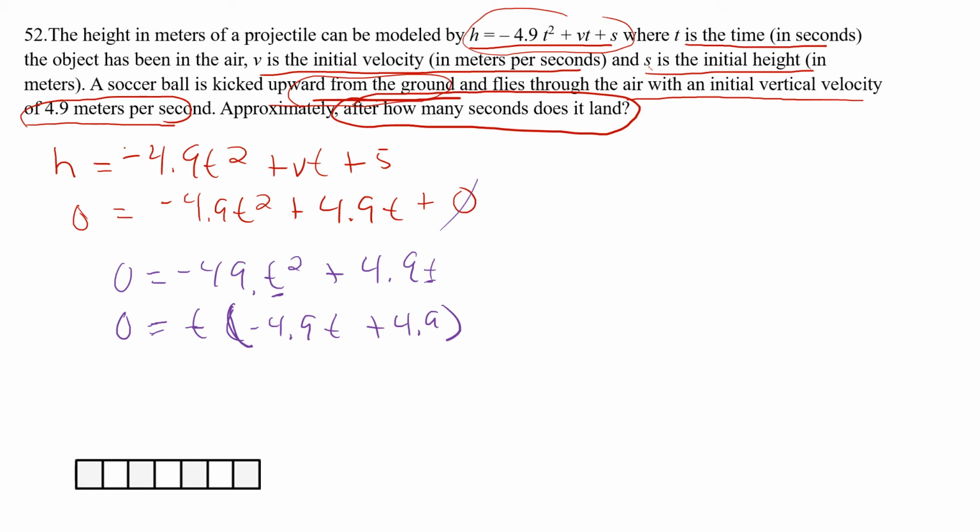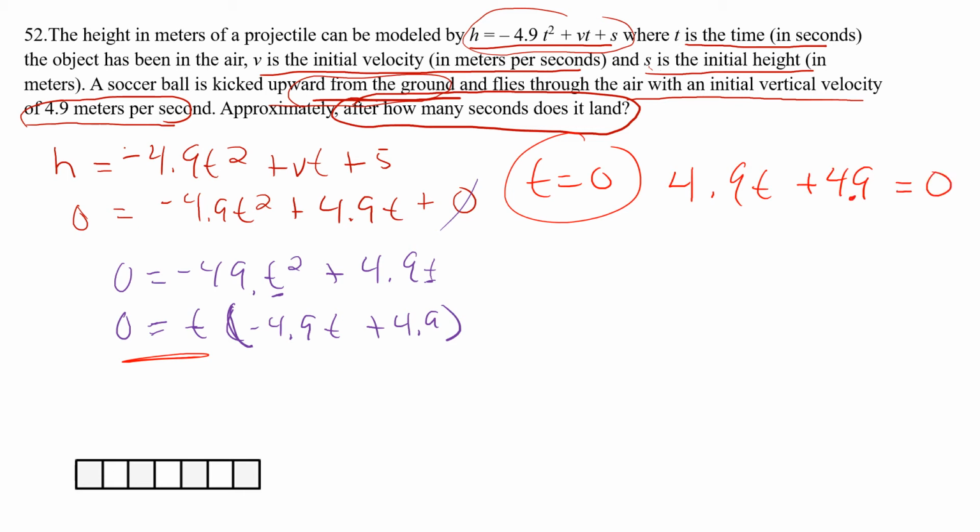So here, set this t equal to 0. So t equals 0, so that is one of my solutions. And then, again, I'm just using the zero product property. I didn't mention that before because I just factored. We just have decimals, so it just looks a little different.